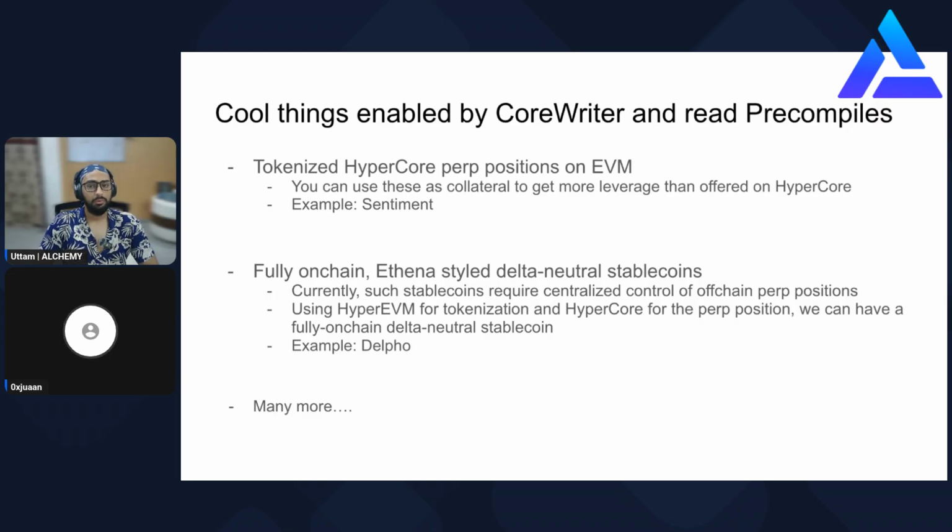So currently, stablecoins like Ethena, which use a delta neutral carry trade to generate yield on the back end, a lot of their position is in centralized exchanges like Bybit. So there's a central point of failure there. But now, since HyperCore can be used as the location to short.